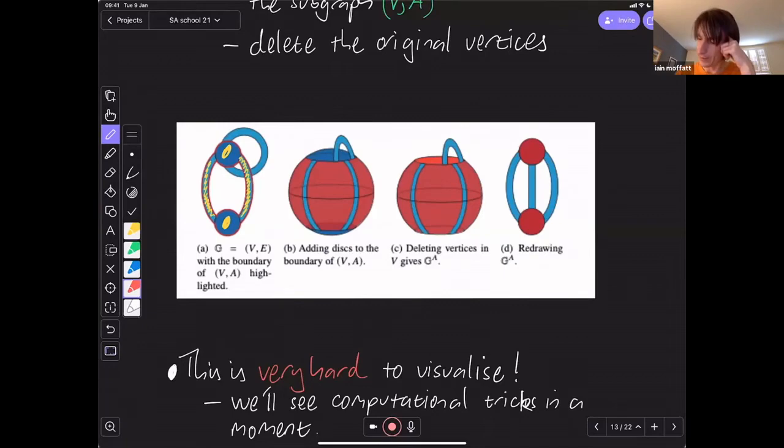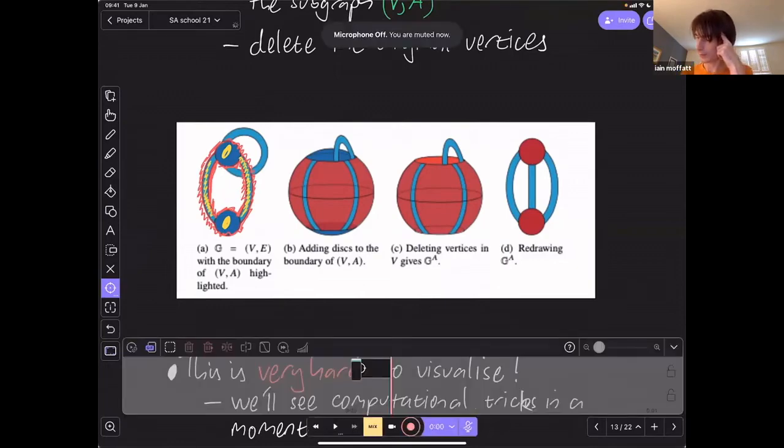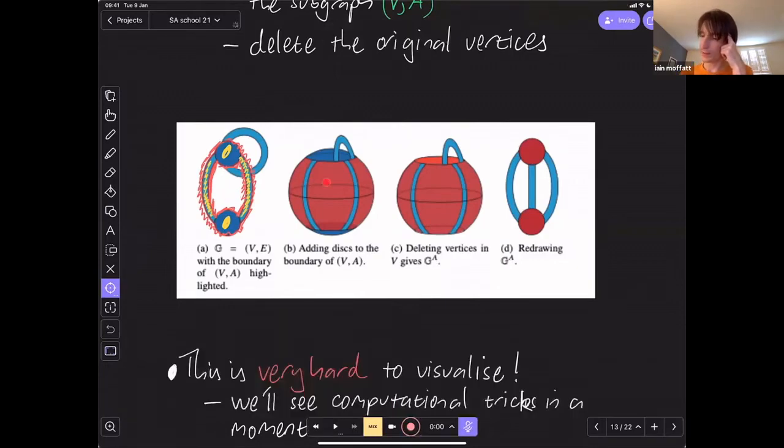Now, this subgraph has a boundary, which is highlighted in red. So two boundary components in red, like so. And then to each of these boundary components, I can just fill them in with a disk, so with two disks to glue them in.